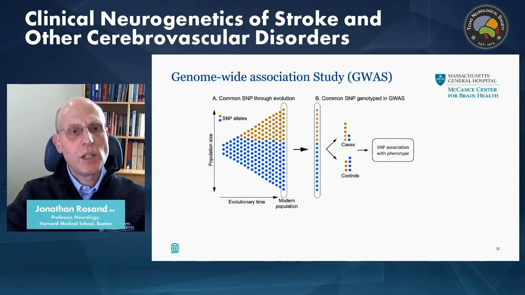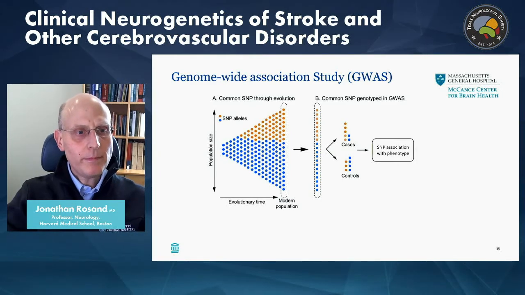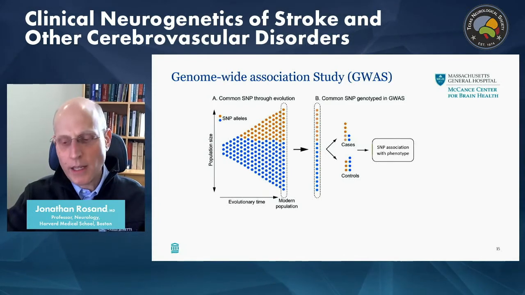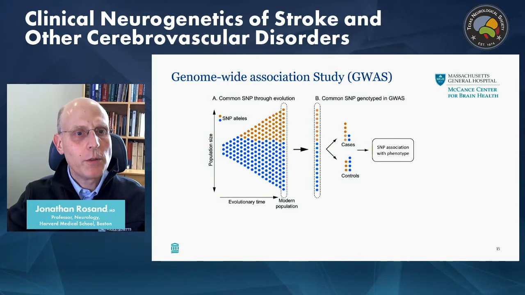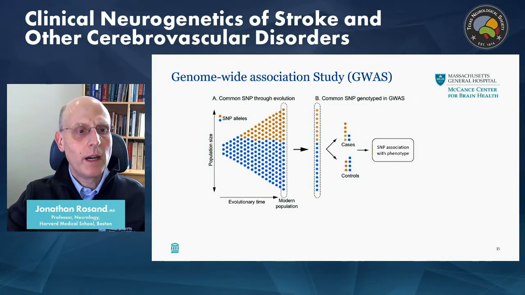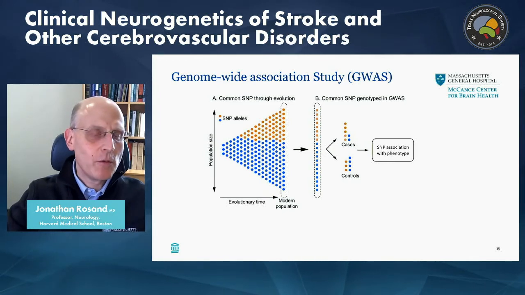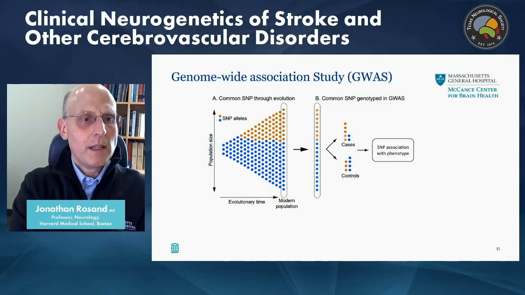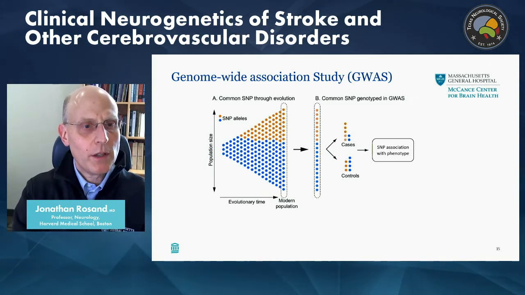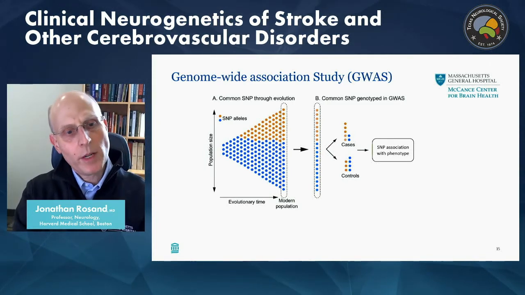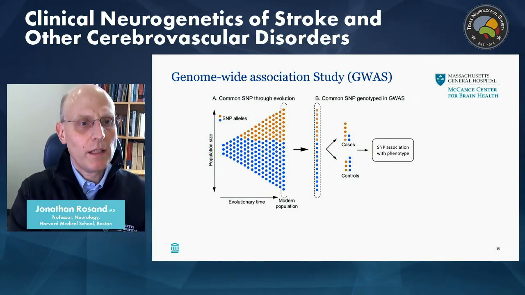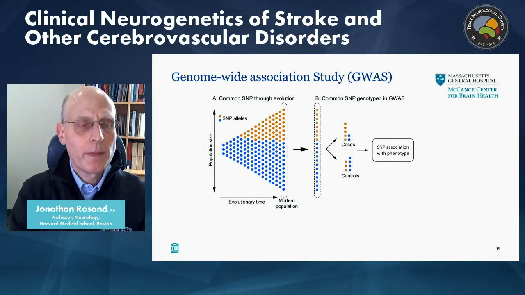So what is a genome-wide association study? If you think about how a common variant arose in evolution, it makes it easier to understand. So on the left here, we have, let's say, 40, 50,000 years ago, when the SNP, the blue SNP, was all that existed. And then at some point over the course of evolutionary time, there was a mutation that yielded the brown SNP.